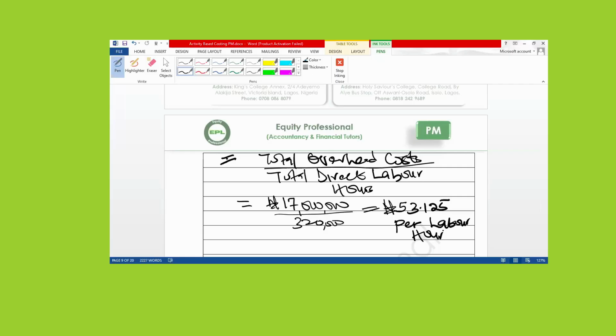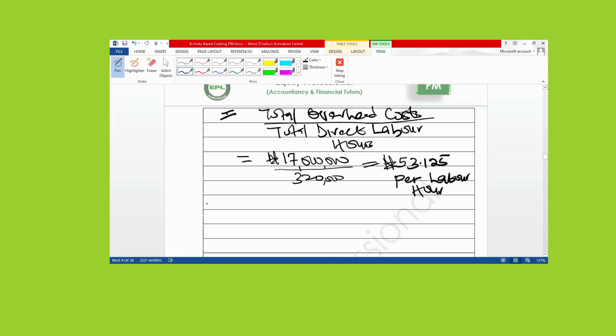When you have gotten this, now calculate overhead cost per unit. Working 3. Overhead cost per unit. Examiner says overhead is absorbed using labor hour. In that case, you have your alpha products.